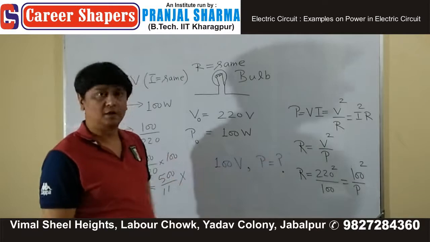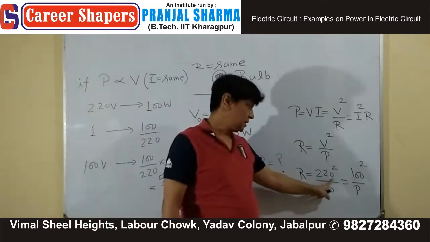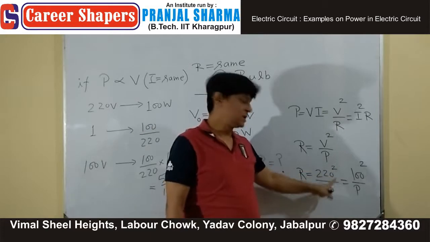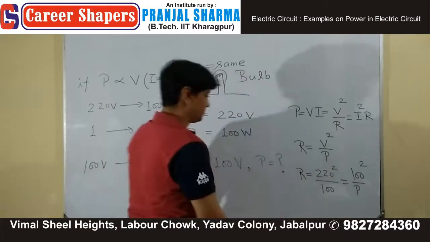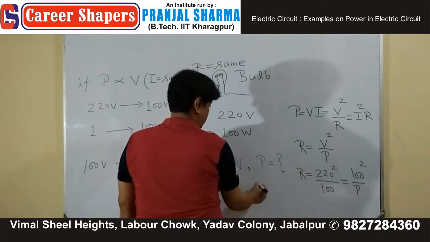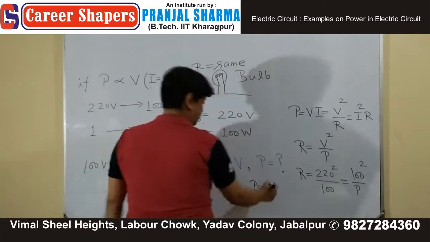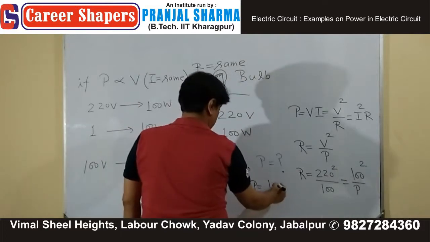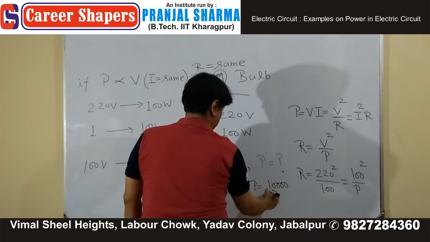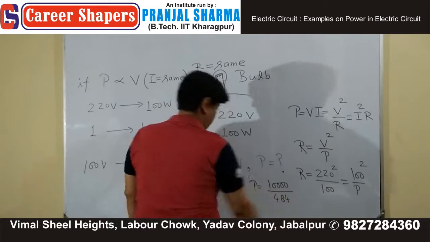This is what we need. Now 100 square is 10,000, 100 and 100 cancel. And your new power is coming 10,000 divided by 22 square, which is 484.